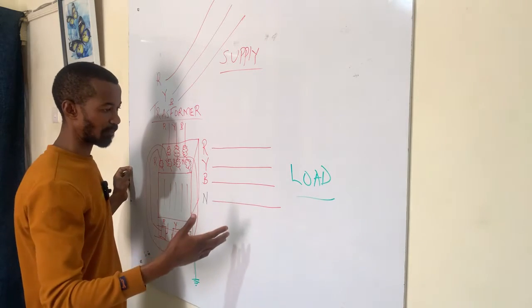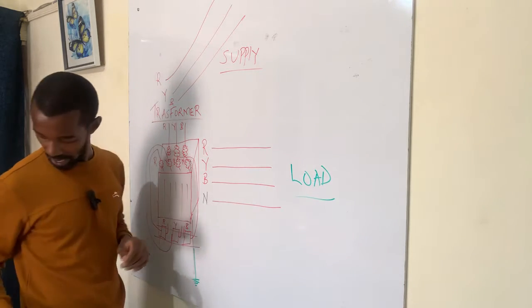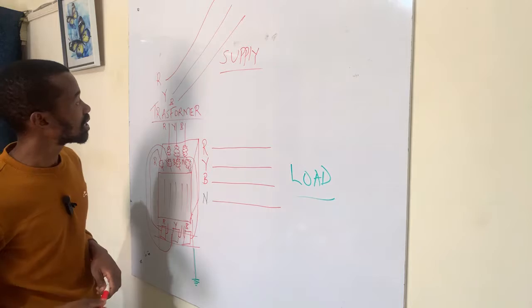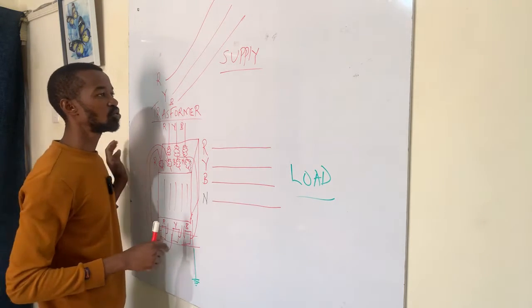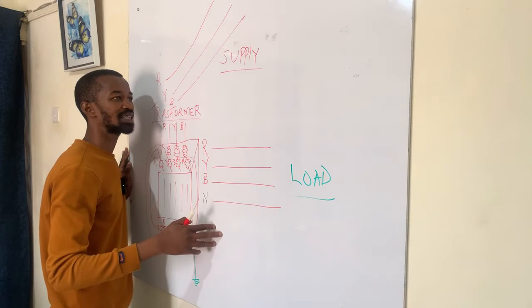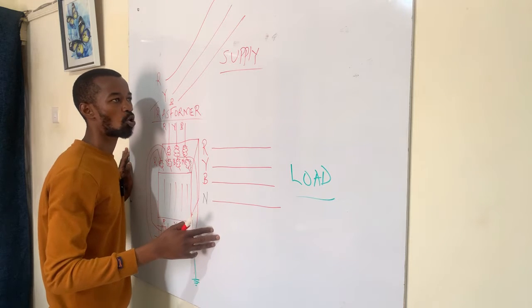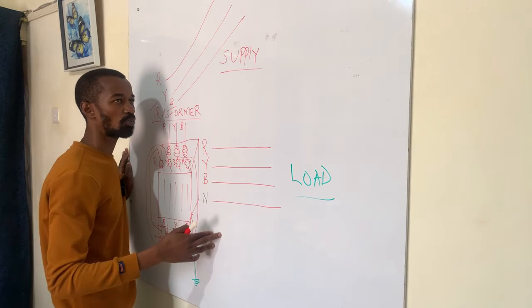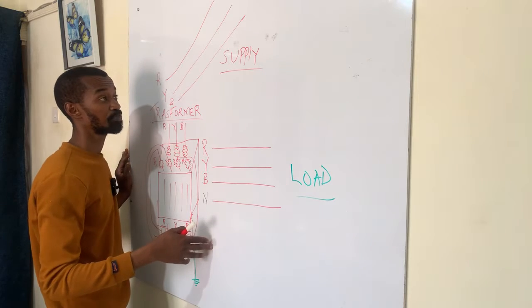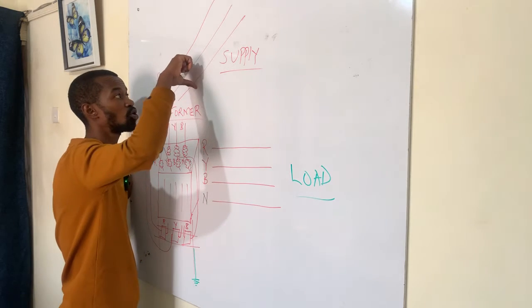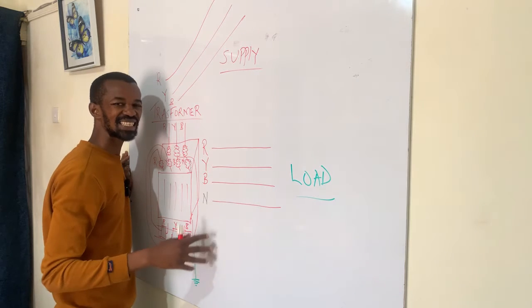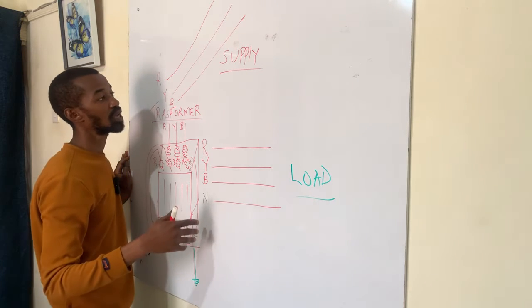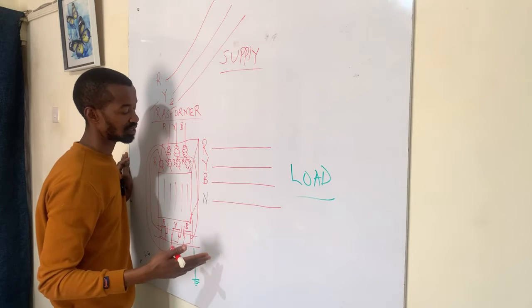So if it is an apartment, that is what happens. But again, we have a connection whereby an entire property, or an entire industry or establishment, or probably a factory, will be supplied with only these three conductors. This depends on the type of load that is there.